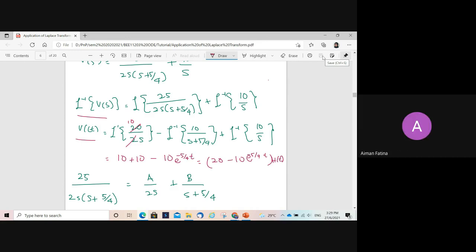Kalau nak cari RCL tu kena settle semualah baru dapat IS. Ya, you kena transform dulu circuit ke dalam S domain. Lepas tu baru you boleh buat analysis. Okay. You all punya final senang je.